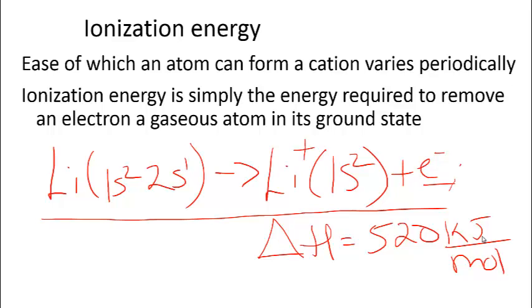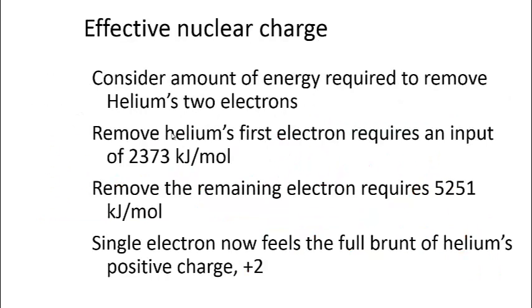This is because when you have removed one electron, there is going to be an increase in the effective nuclear charge that is being distributed among the electrons, because there is now one less electron to distribute the effective nuclear charge among.